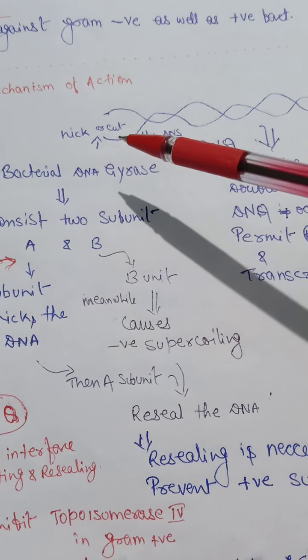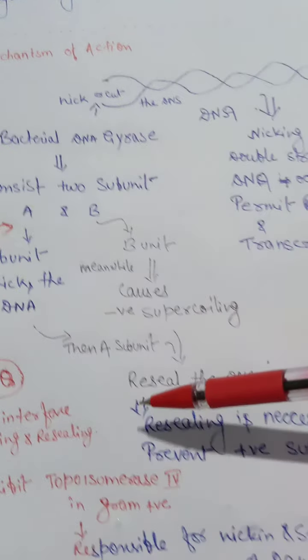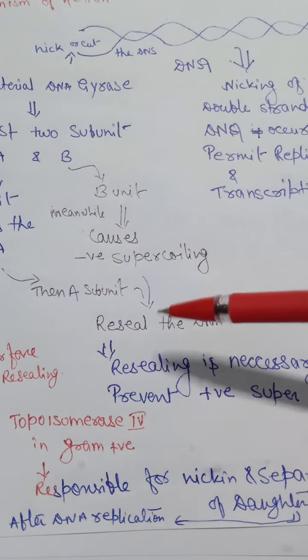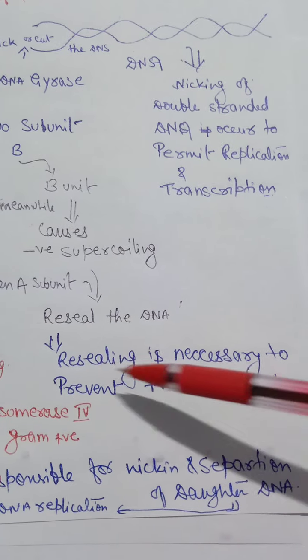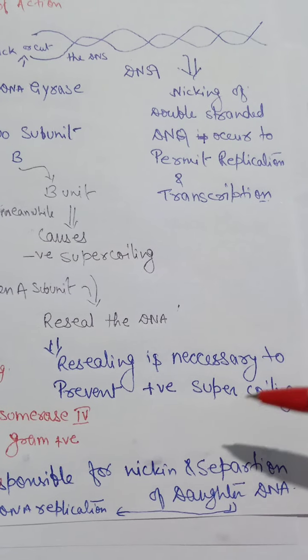But as soon as the negative supercoiling occurs, the A subunit reseals the DNA. Why is the resealing done? Resealing is necessary to prevent the positive supercoiling.